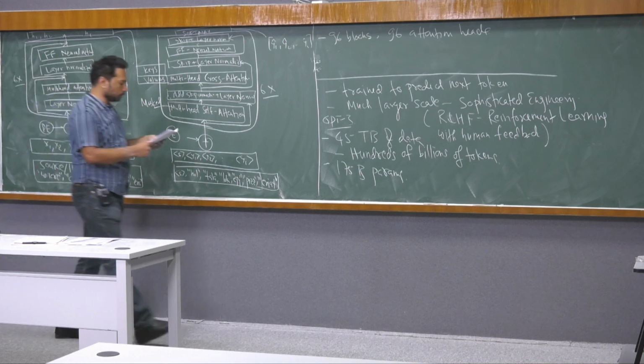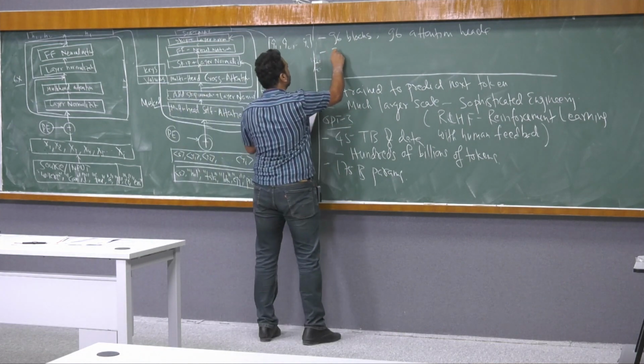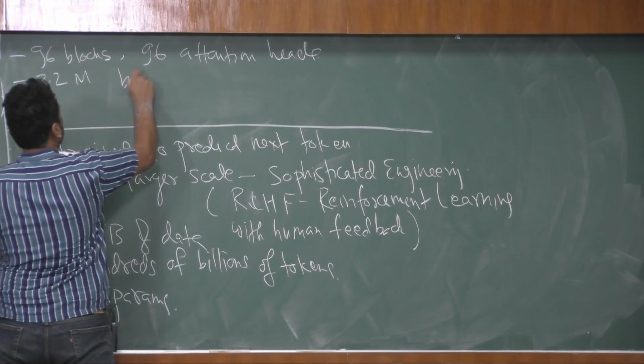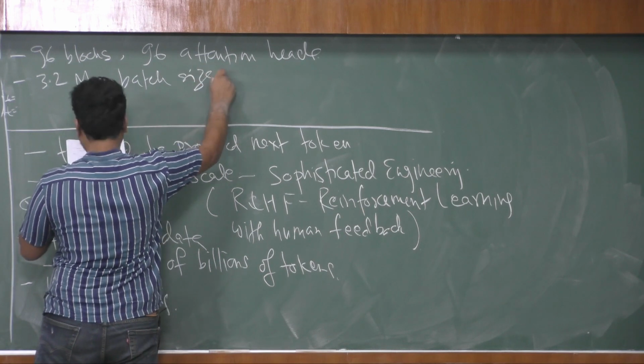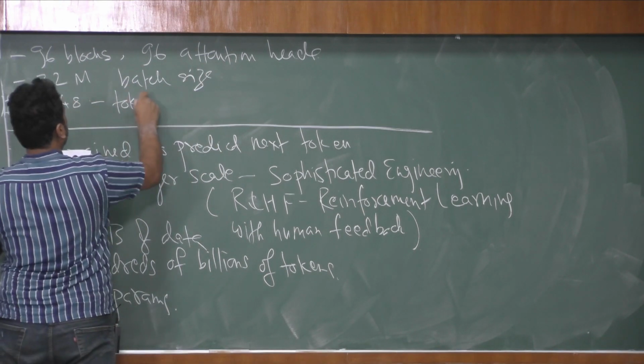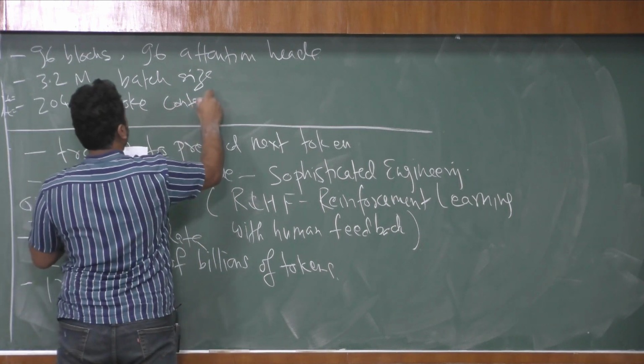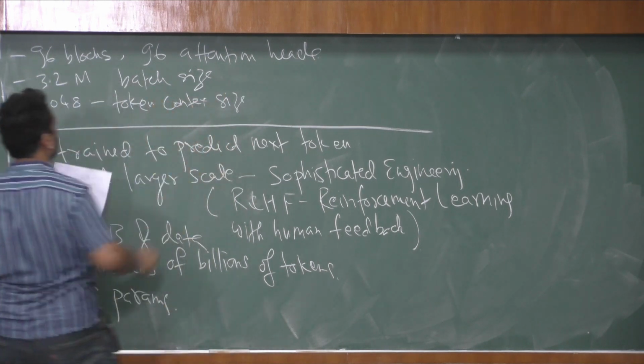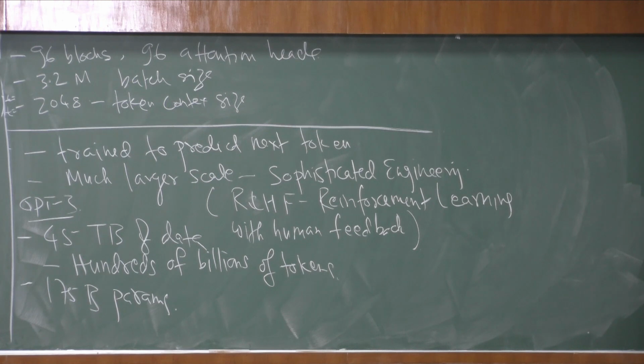They went with 96 attention heads, and then 3.2 million batch size, 3.2 billion, and then 2048 token context size. Okay, so in our case it was 512 in the original one, the X size, but they took 2048 as an embedding dimension size.